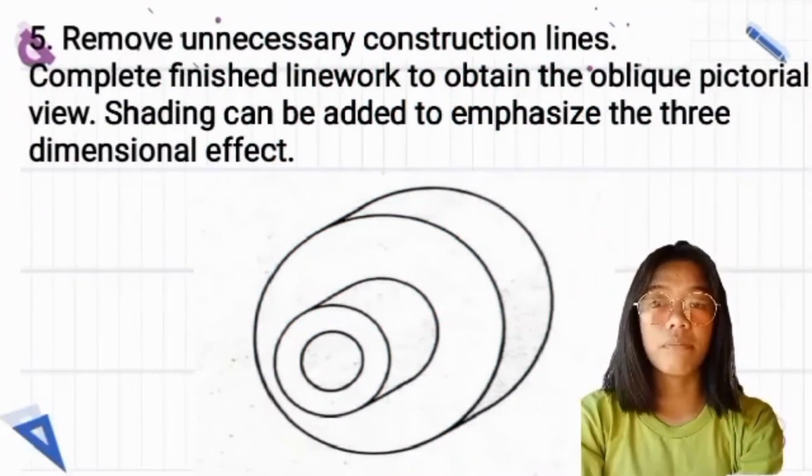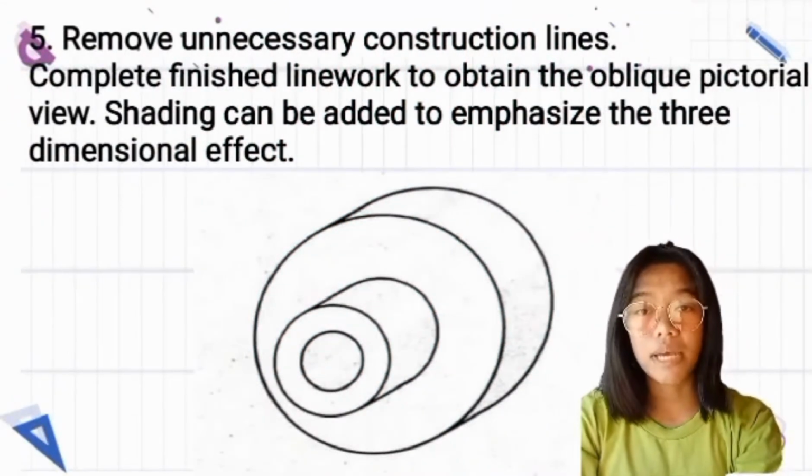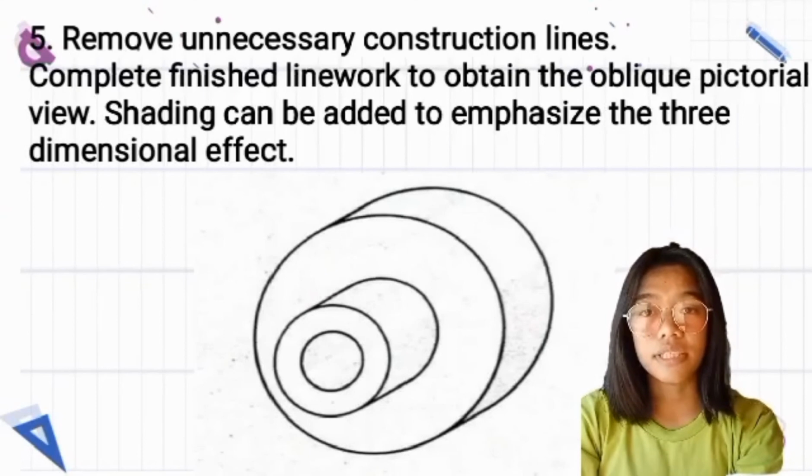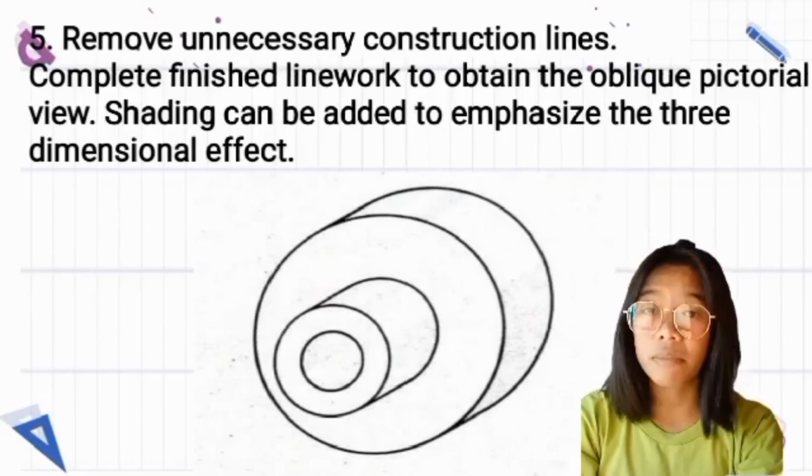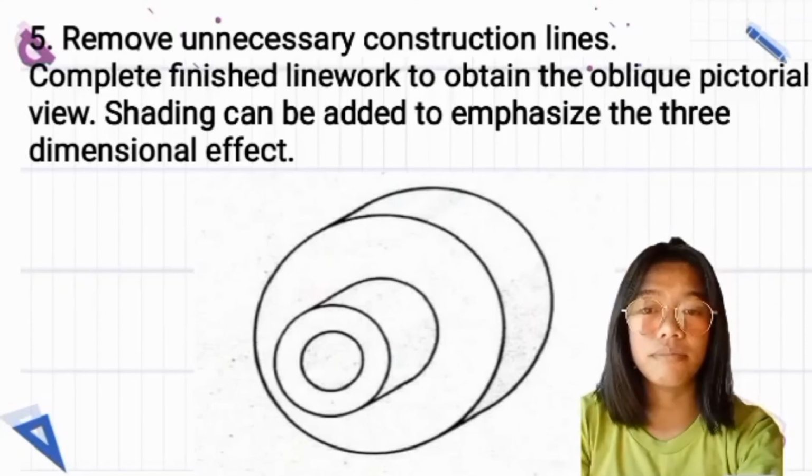And the last step of oblique projection of cylindrical object is remove unnecessary construction line, complete finished line work to obtain the oblique pictorial view. Shading can be added to emphasize the three-dimensional effect.